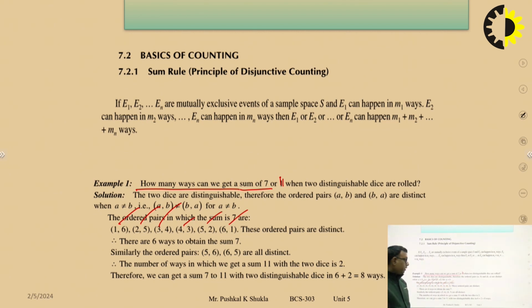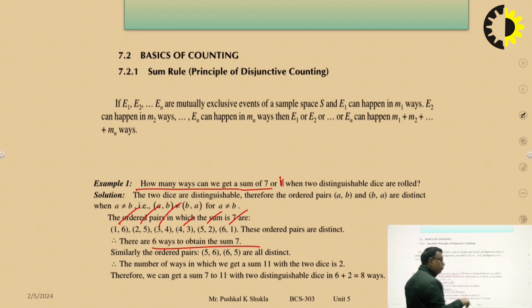These are distinct, and the sum is 7. So the total number is 1, 2, 3, 4, 5, 6. So there are 6 ways to obtain the sum 7.